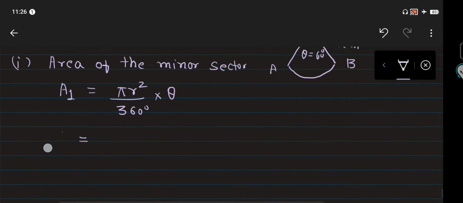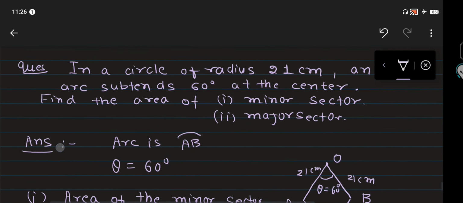You see, we have the radius 21 centimeter, and if I take the value of pi 22/7 and the 7 is in the denominator, I can cut down this 21 centimeter by 7. So that is why it is suitable to take the value of pi as 22/7 and not 3.14.